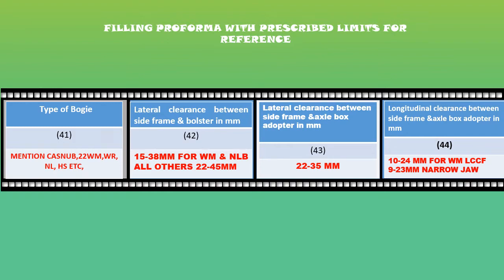Which type of CASNUB: 22W, 22WM, 22WR, NL, NLB, HS, etc. Because for various types of bogies we have different clearances and different parameters, so that's why it is important about the application of different parameters to a particular type of bogie. Hence, very particularly please record the type of CASNUB, whether 22W.